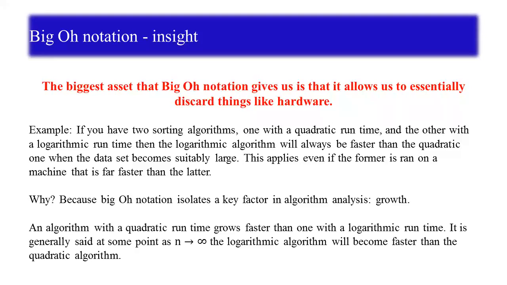Why is it so? Because the big O notation isolates a key factor in algorithm analysis, which is called growth. It neatly isolates the rate of growth and presents that to us. So when the value of n becomes large, irrespective of the machine used, the logarithmic algorithm will run faster than a quadratic algorithm.